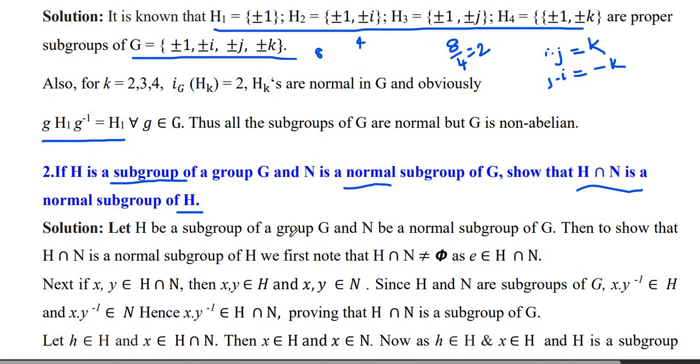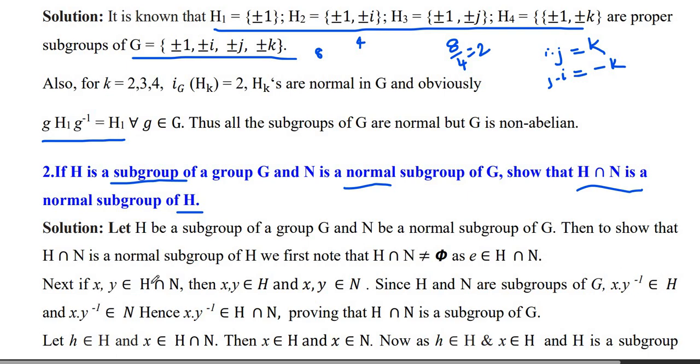So let H be a subgroup of G and N be normal in G. Then to show that H intersection N is normal in H, we first note that this is non-empty because H is a subgroup, so e is present. N is a normal subgroup, so anyhow it's a subgroup, so e must be present in N. So it must be there in the intersection, therefore the intersection is non-empty.